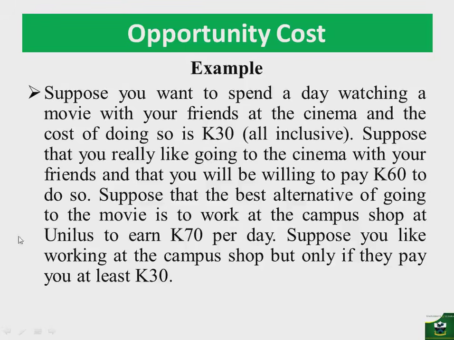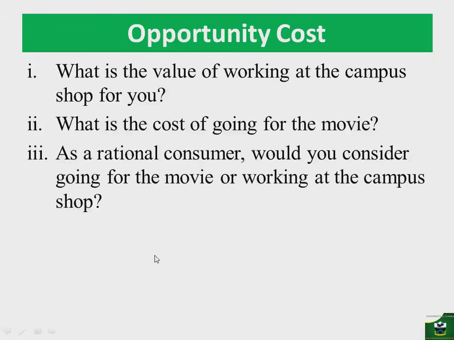Now, given this, we need to ask ourselves, as a rational consumer, would you consider going for the movie or working at the campus shop? We've noted that the value of working at the campus shop is 40 and the cost of going for the movie is 70.